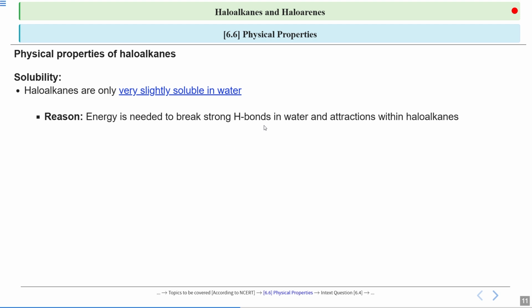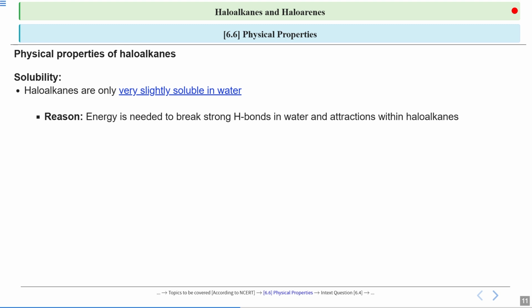There are strong hydrogen bonds present in the water. To dissolve the haloalkanes in the water, these strong hydrogen bonds must be broken, right? The new attractions that will form between the haloalkane molecules and the water molecules are much weaker compared to these hydrogen bonds.